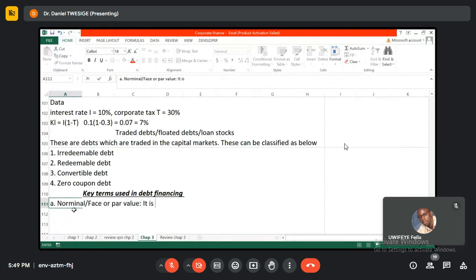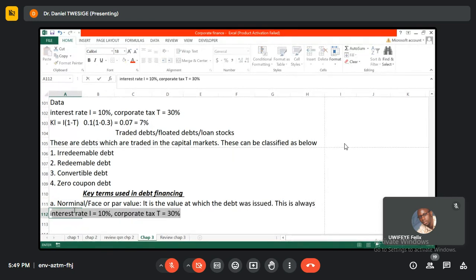It is the value at which the debt was issued, and this is always in denominations of 1,000 or hundreds.